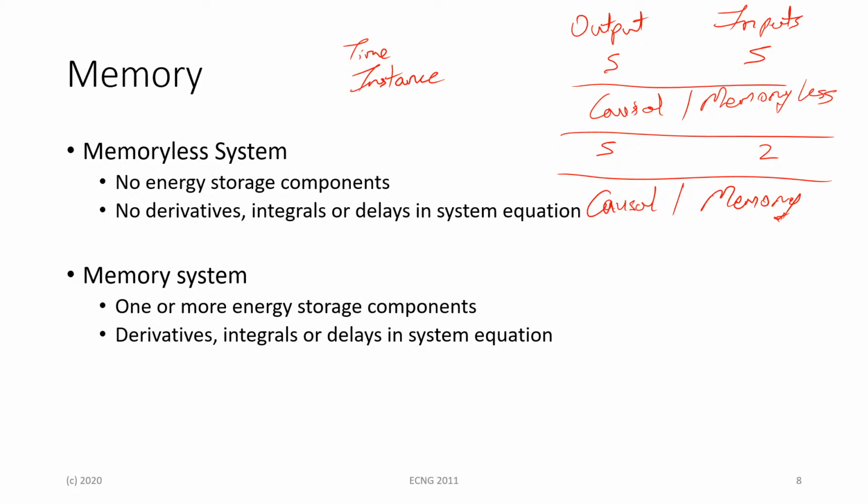So for a system to be causal and have memory, just to recap, the time instance at the output, when mapped to the time instance of the inputs, the input time instance must be less than the output time instance. However, once the input time instance matches that of the output time instance, or is greater than it, your system will now be memoryless.